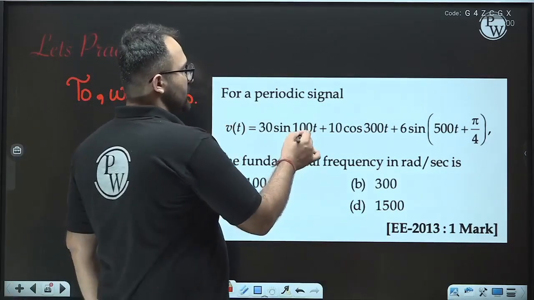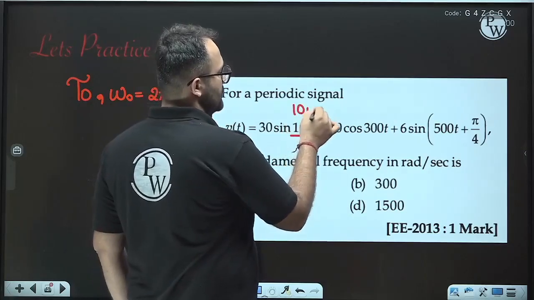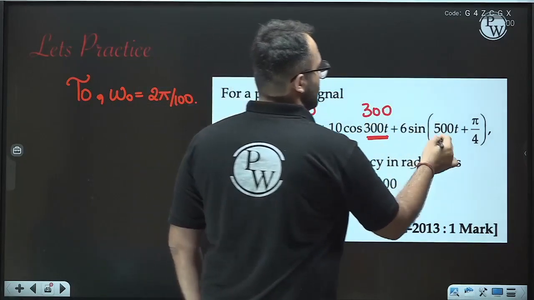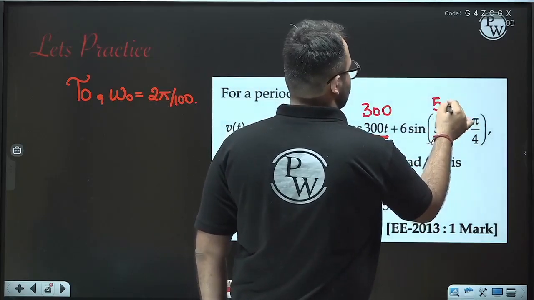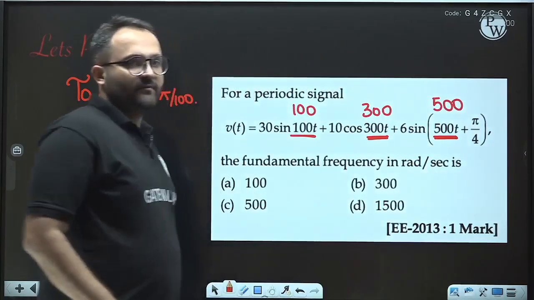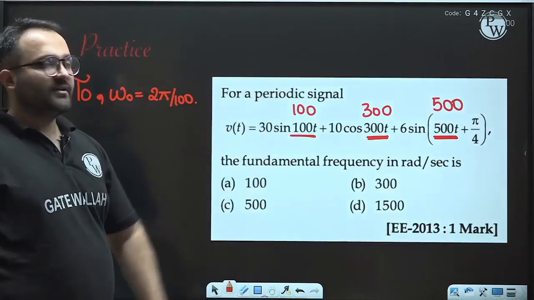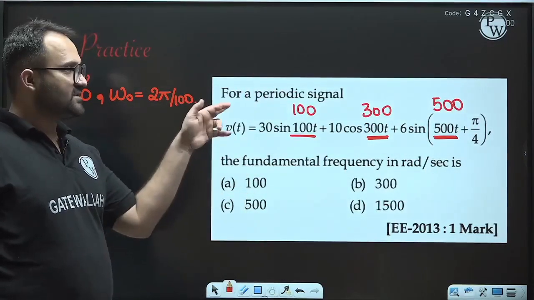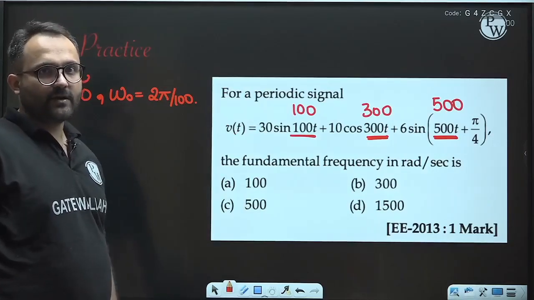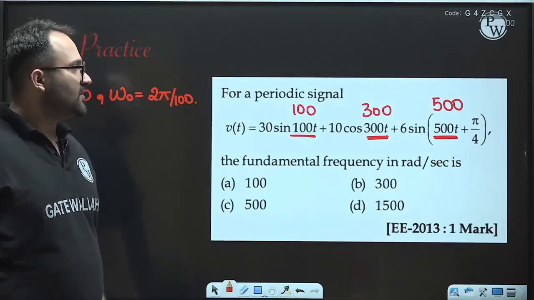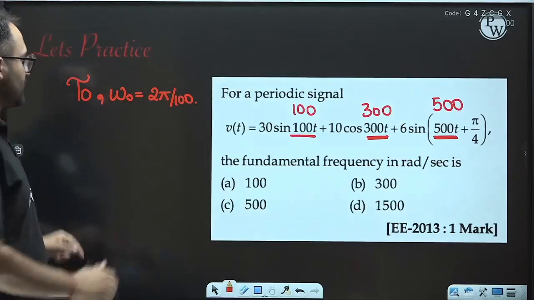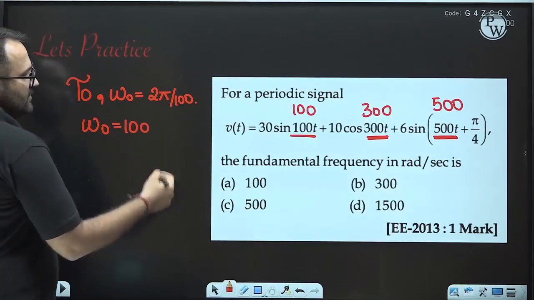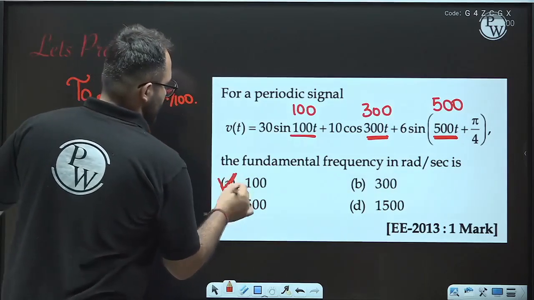The frequency of this signal is 100, 300, 500. If you want to find the fundamental frequency of the signal, we can find the HCF of these, and it will come out to be 100. So omega naught will be 100. Fundamental frequency is 100 radians per second.